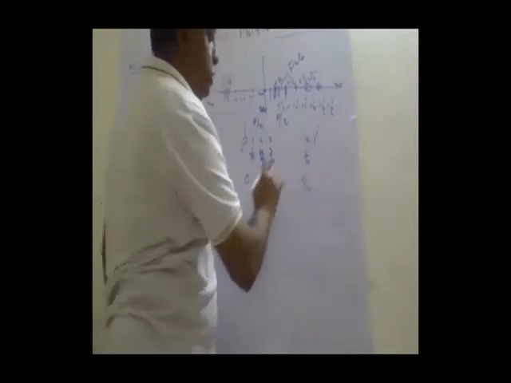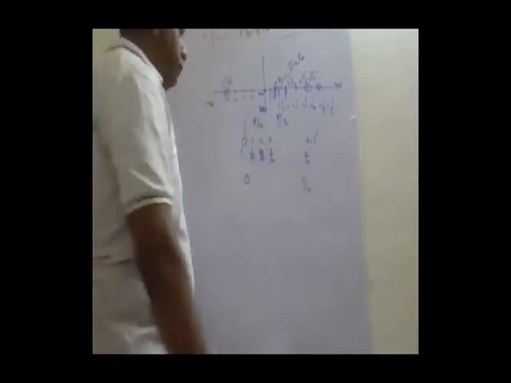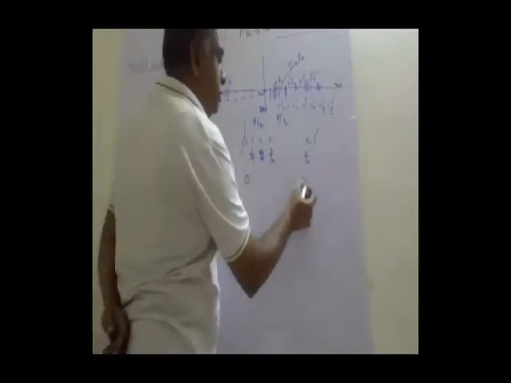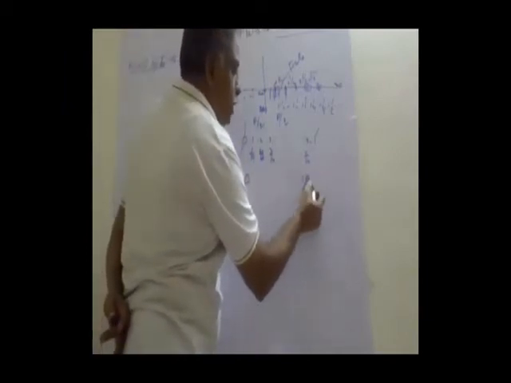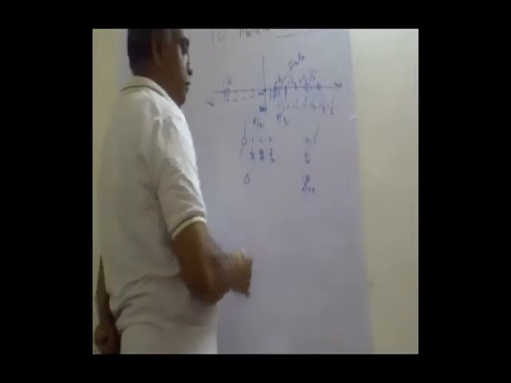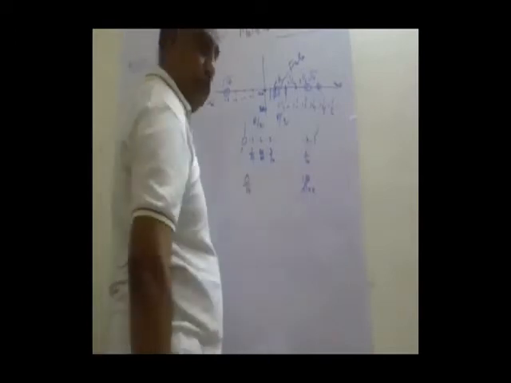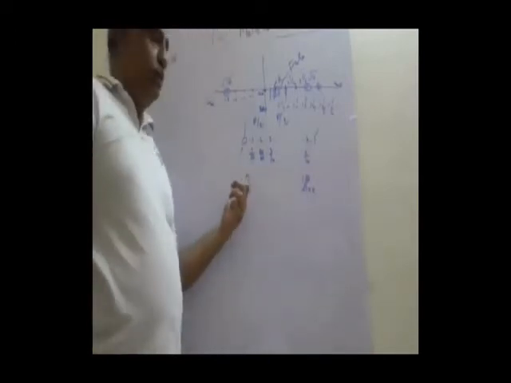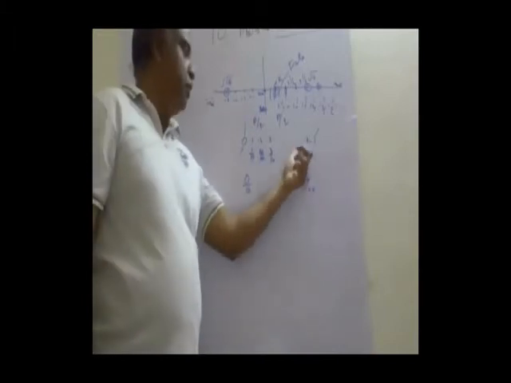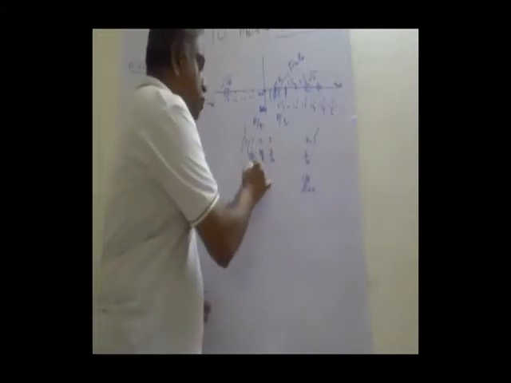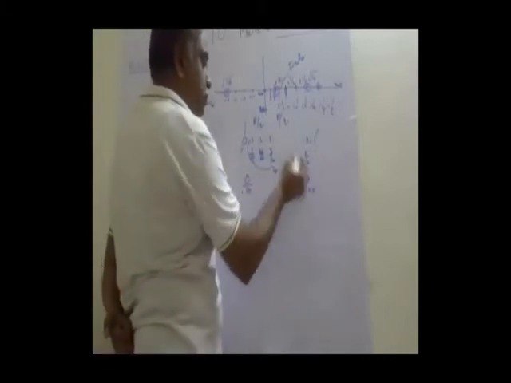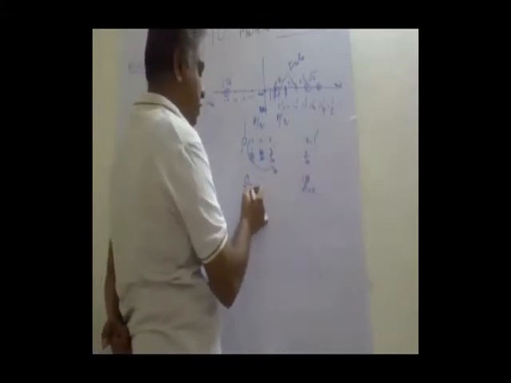So instead of 1 by 10, I'll write 10 by 100. Here I'll write 0 by 10. 0 by 10 is also 0, and 10 by 100 is 1 by 10. So in between these two, I'm writing fractional numbers.